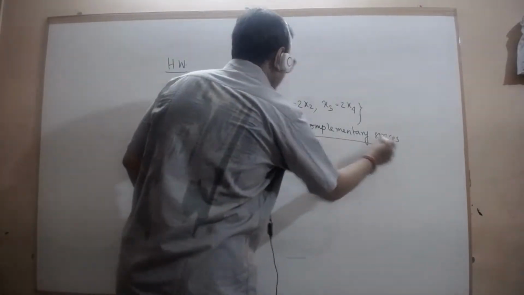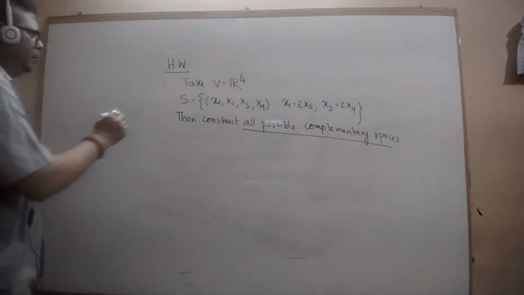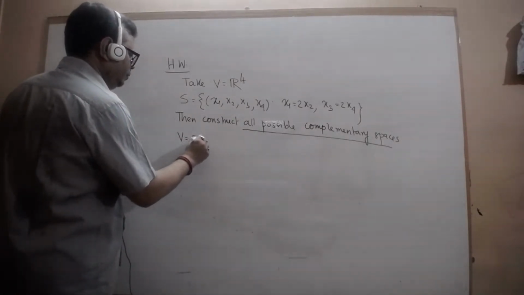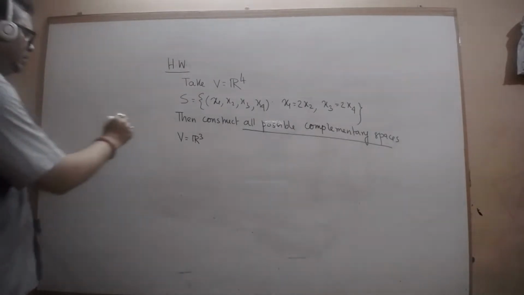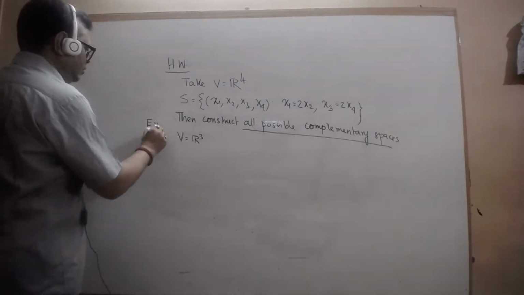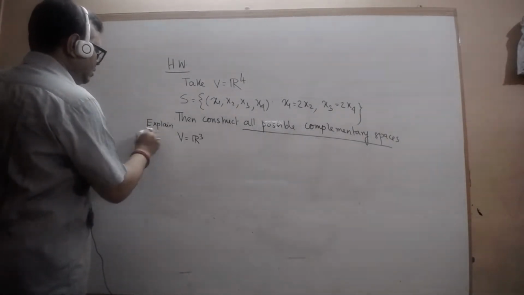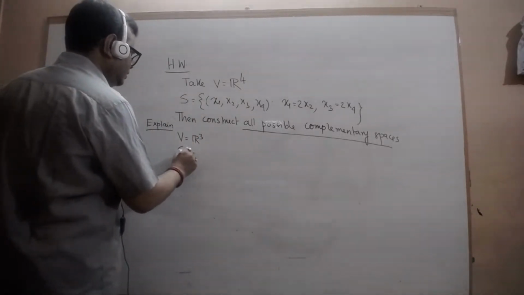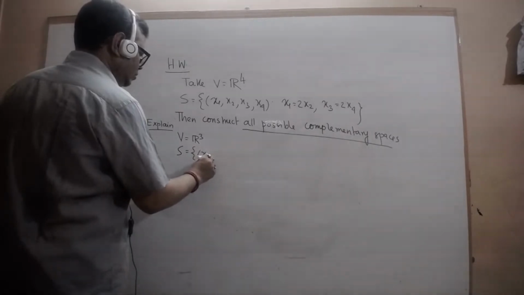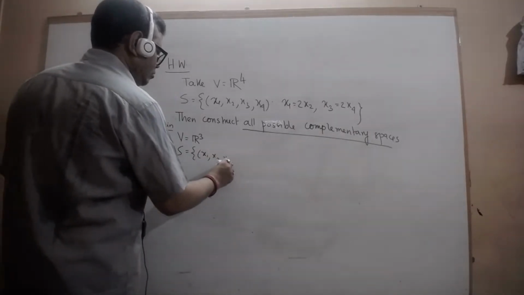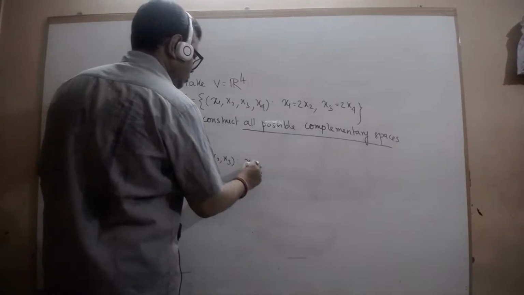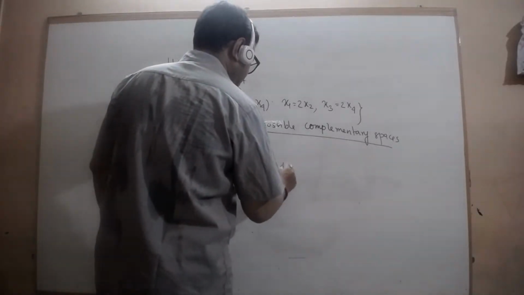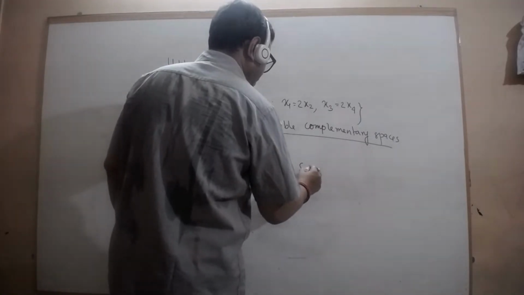Actually, I want to explain, if you consider our previous example, V equal to R cube, what do you mean by this? Then your S is the space generated by the basis.